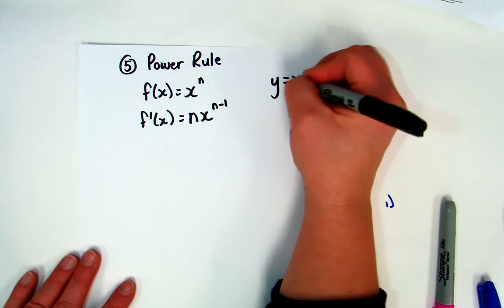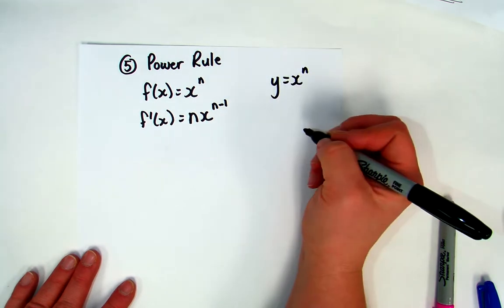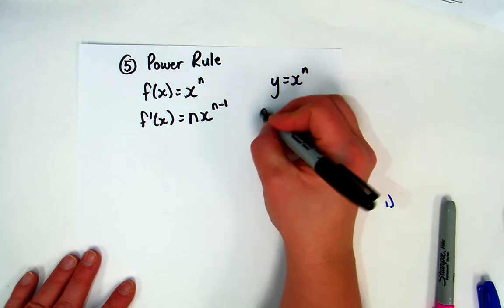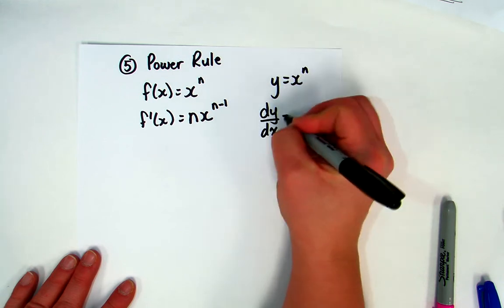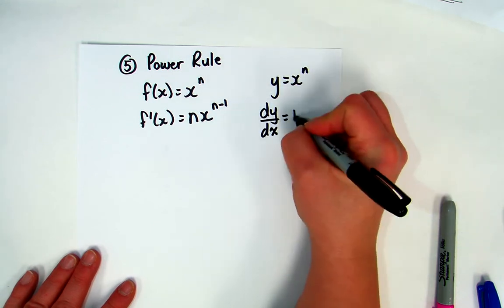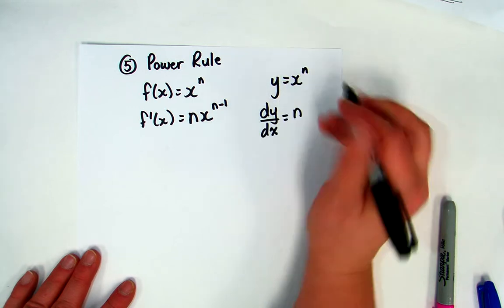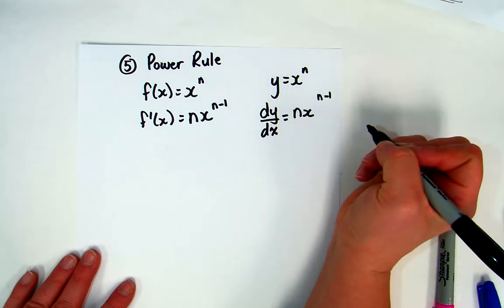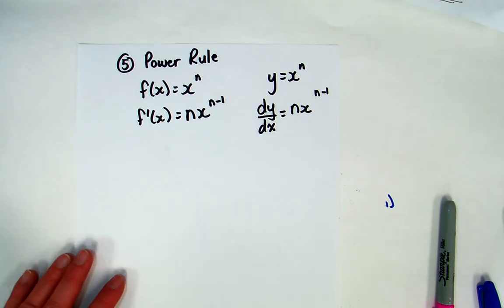This one, because I don't have multiple functions, I can also work in Leibniz notation. So if y equals x to some power n, the rate of change, delta y over delta x, or shortened to dy dx, the exponent comes down in front, multiplies, and then the exponent that you're left with is 1 less, so n minus 1.